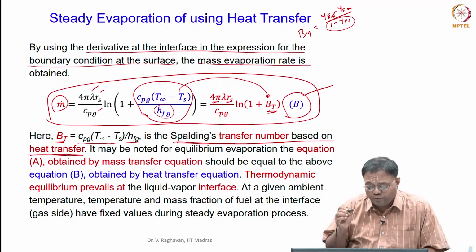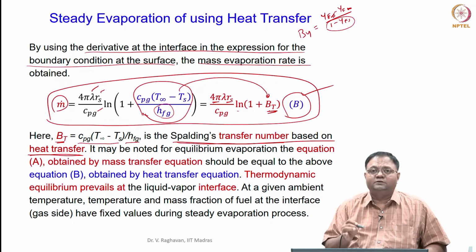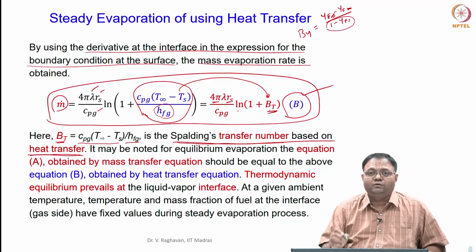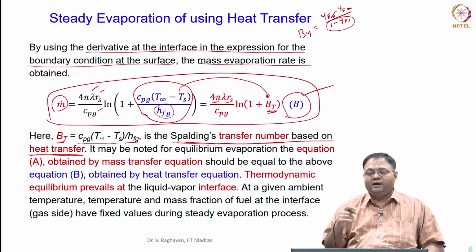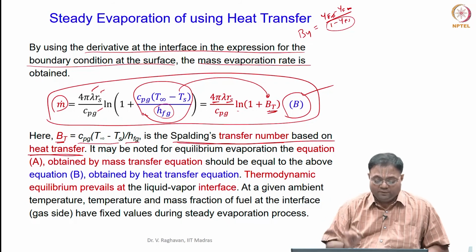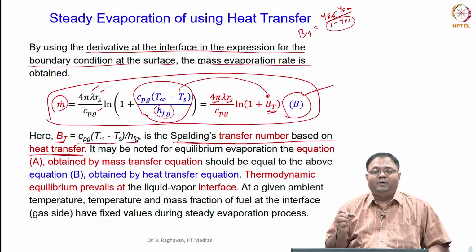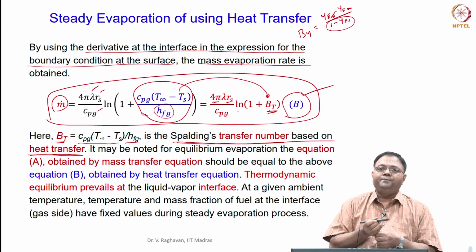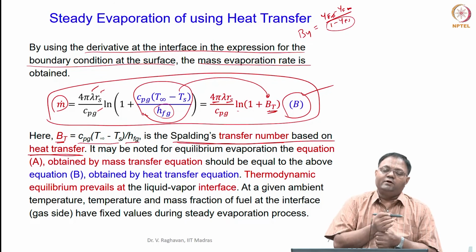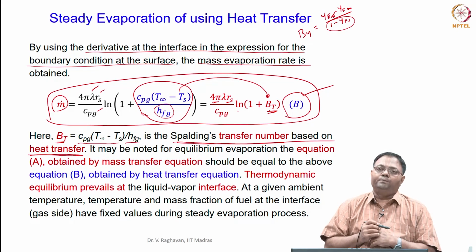So we have two different equations, but the equation structure is the same: 4 pi Rs into the driving parameter, which is the property that drives the transport process, into natural log of 1 plus a transfer number. In equation B we have considered only the heat transfer, and in equation A only the mass transfer, but actually both should be coupled.